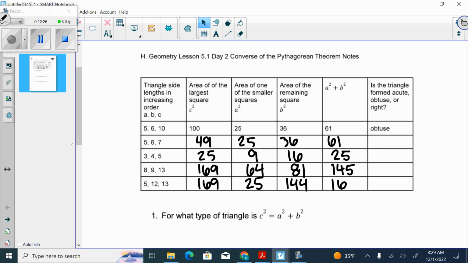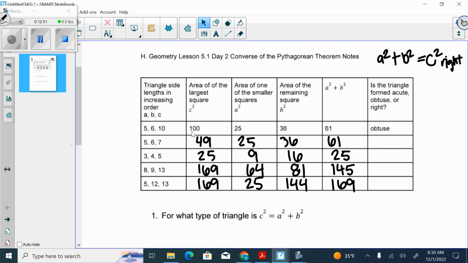Okay. So with our Pythagorean theorem, what exactly does it read as? What is the Pythagorean theorem? Right. Okay. So A squared plus B squared equals C squared. And Pythagorean theorem works for right triangles, right? Okay. So this means we have a right triangle.